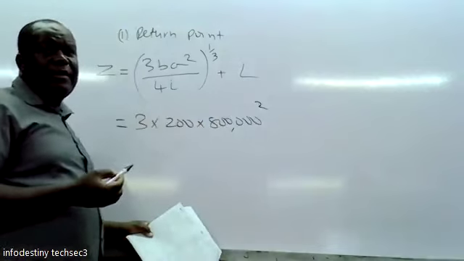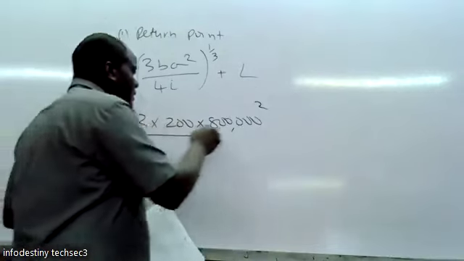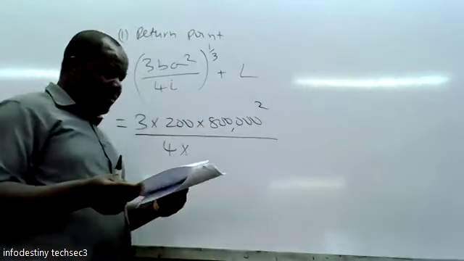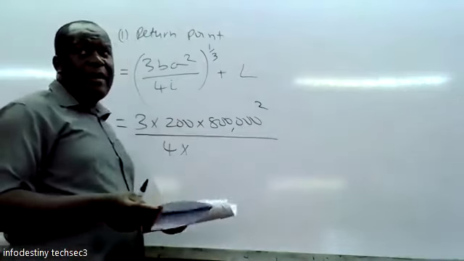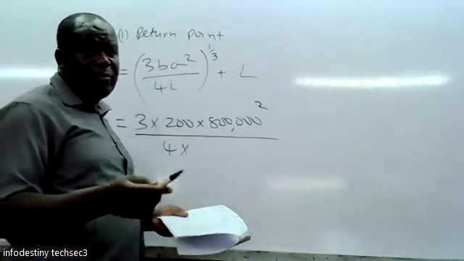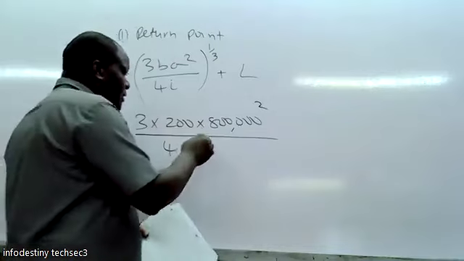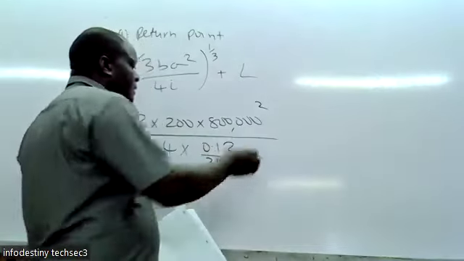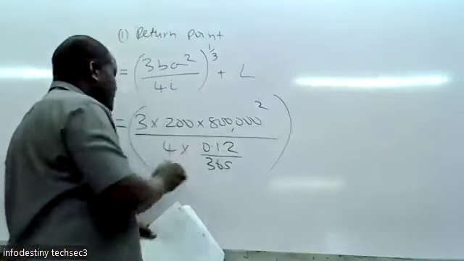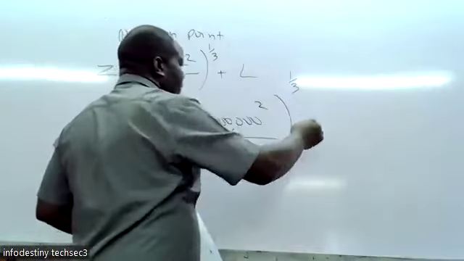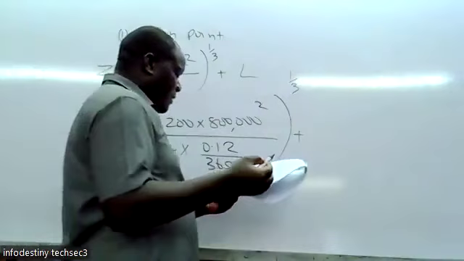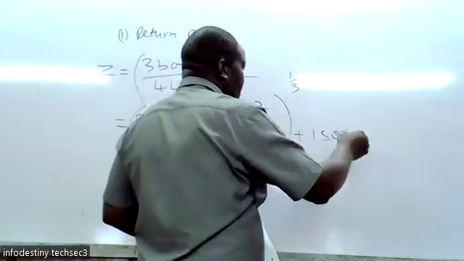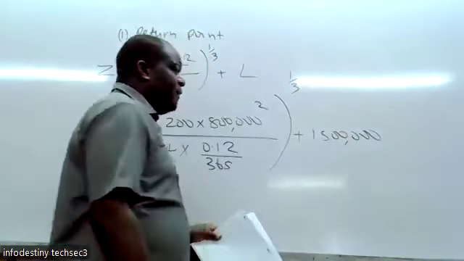Then we divide by the interest rate. It is given per annum but we require it per day, so you take 0.12 over 365. Then raise to the power of 1 over 3, and now you add the minimum cash balance of 1.5 million. So get that figure.